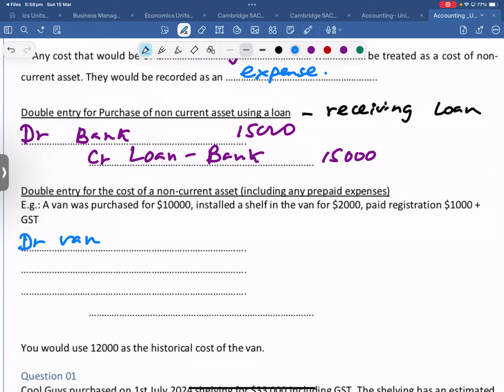Yes, you debit the van 12,000. And then you debit again, yes, prepaid.